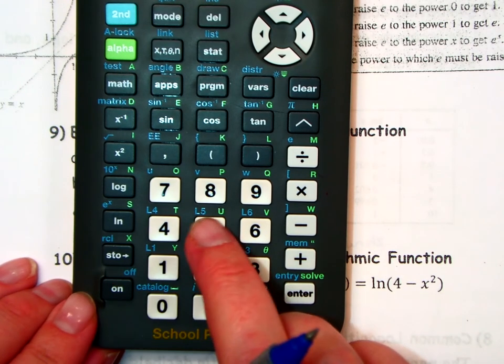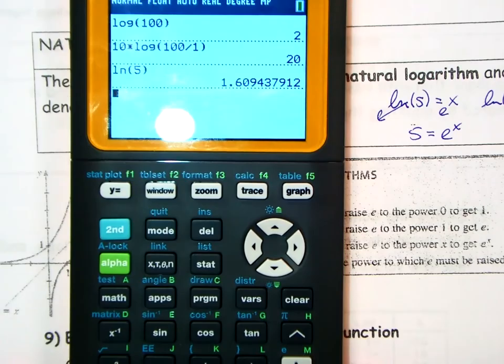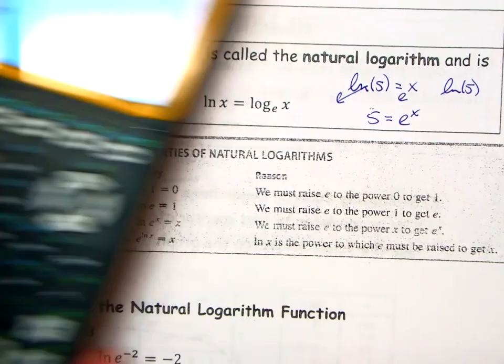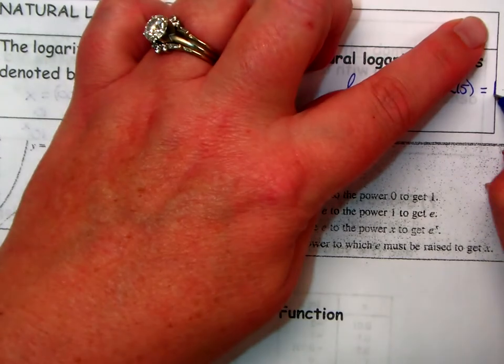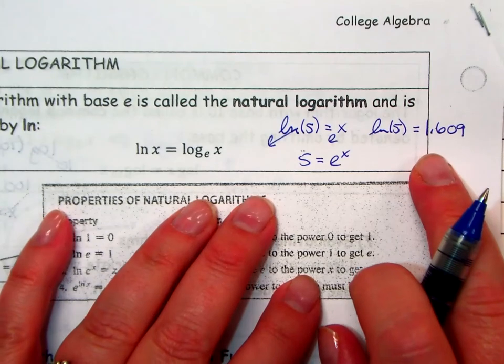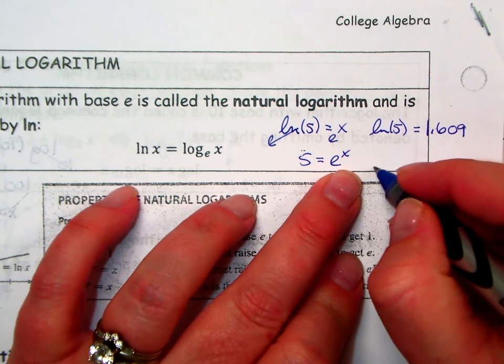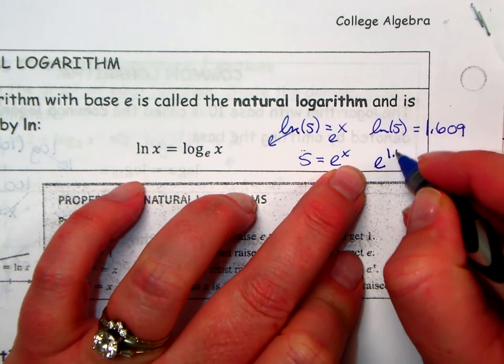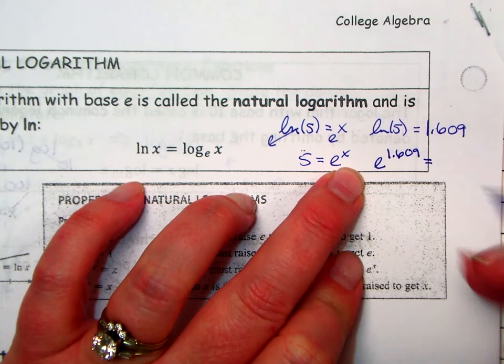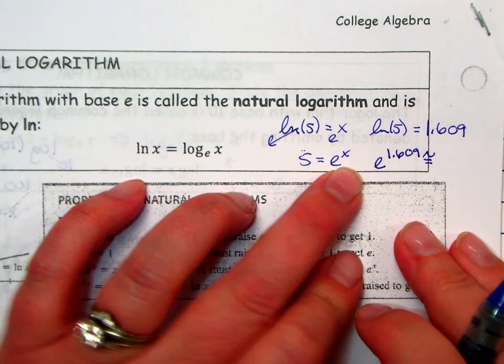So if I hit ln of 5, I'll get 1.609. Now what's interesting about this answer, 1.609, is that it's what x equals. So if I did e raised to the 1.609, I should get a number approximately equal to 5.